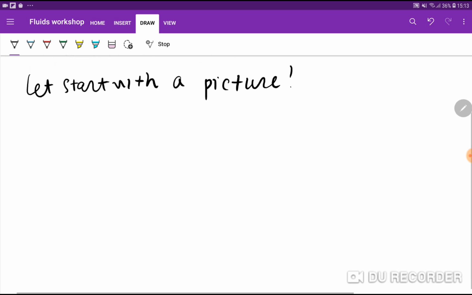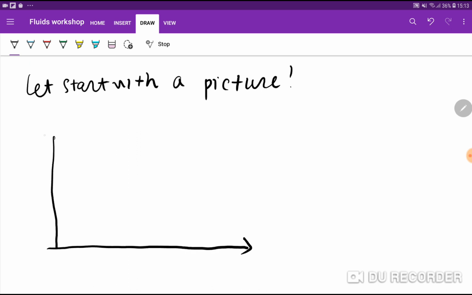Let me first draw the coordinate y, o, x, and you have the velocity profile, which looks something like this. I would call the boundary layer thickness delta, and delta will be a function of x.